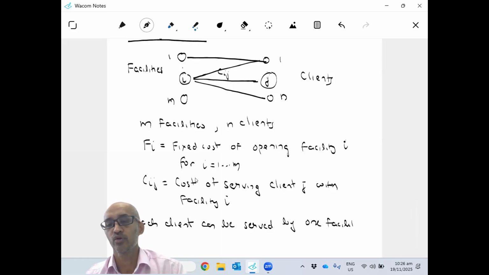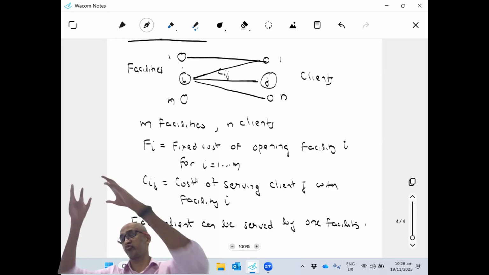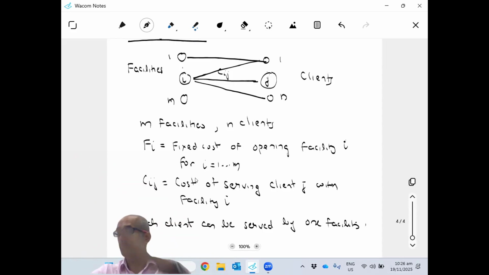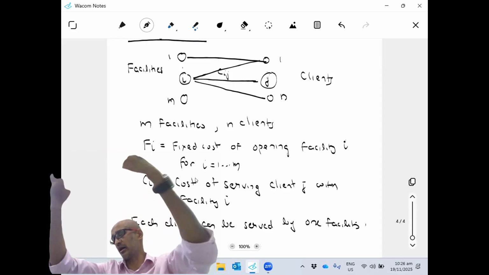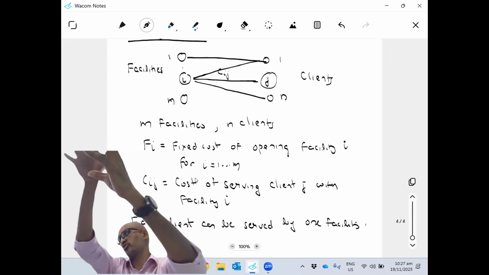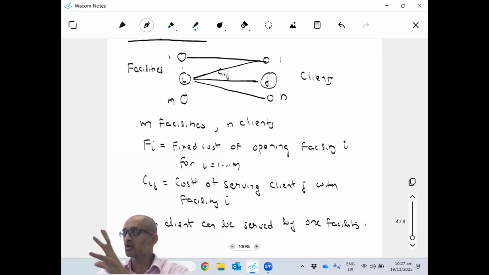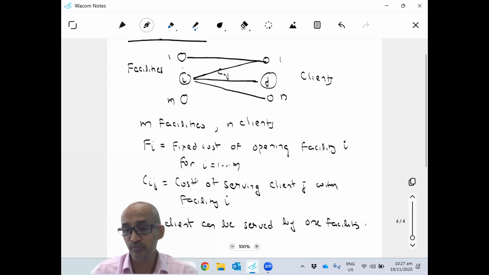So in this version of the problem, I have to figure out for every client which facility is going to serve them. Let's say I've got a client sitting in this region. Which of my facilities is going to serve them? I've got clients in some other location. Among all the facilities I've opened, which facility is going to serve them? So this is a specification in the problem.